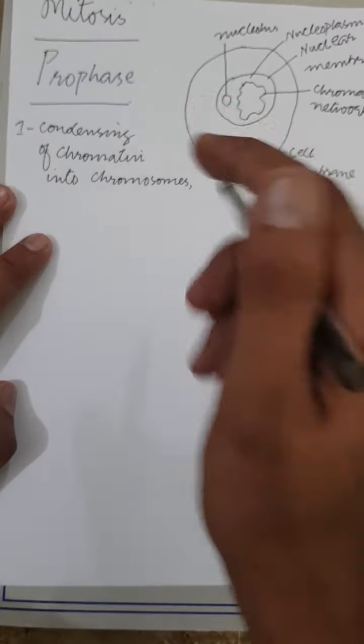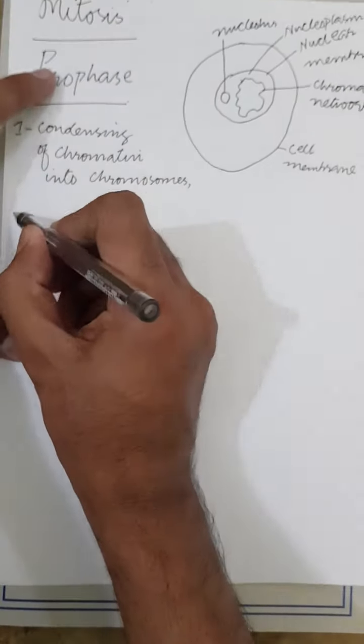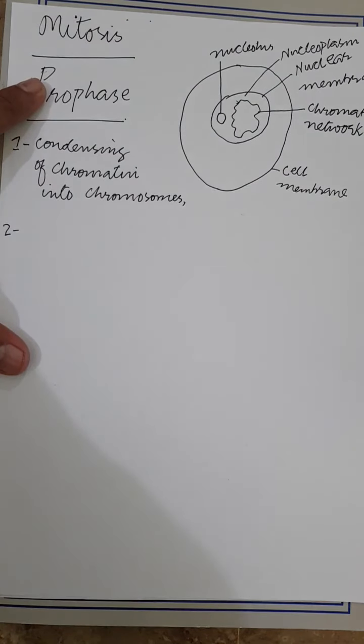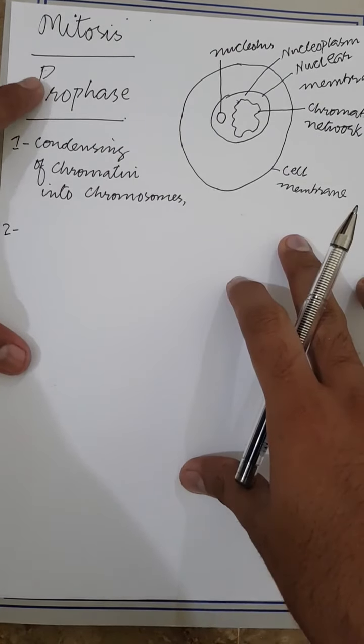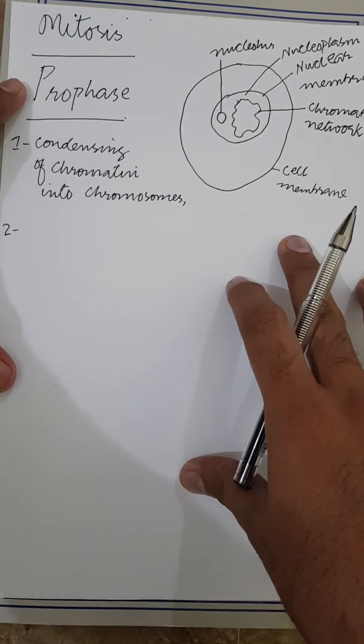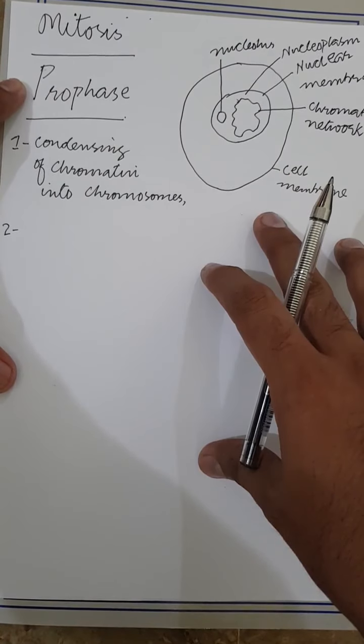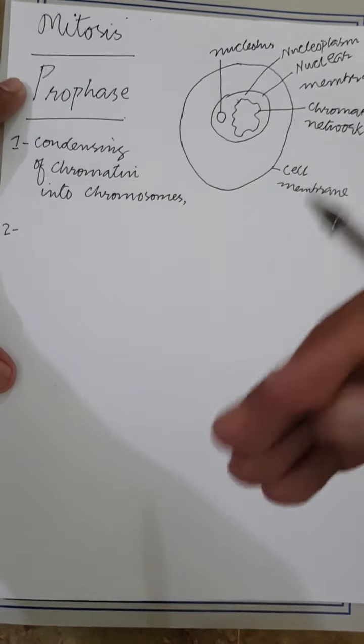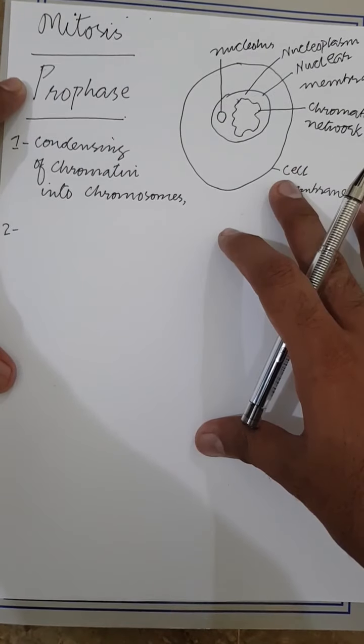The second job is about the division of the centrosome into centriole, and from the centriole, fine thin threads emerge, and they make a kind of shape that is called spindle shaped.